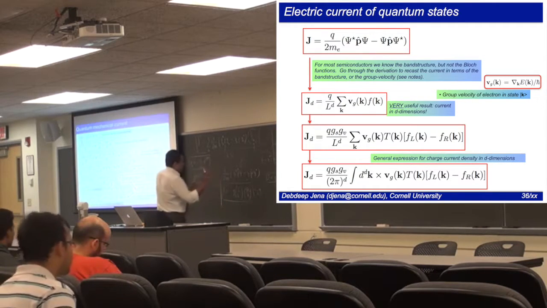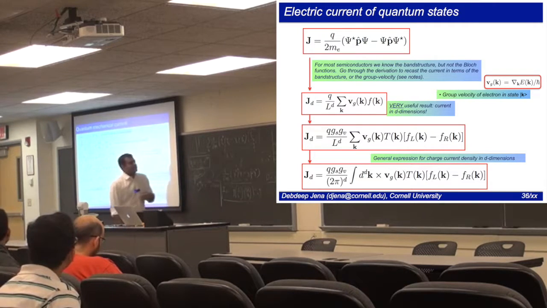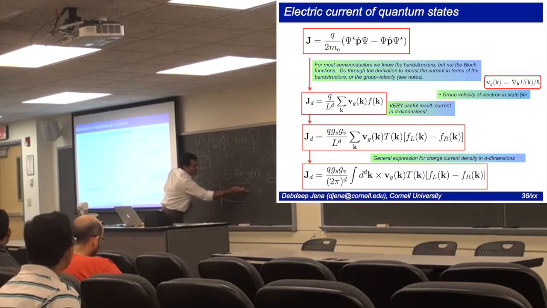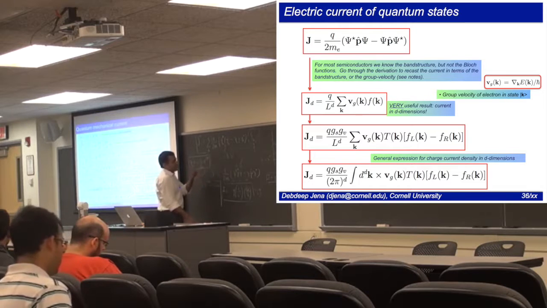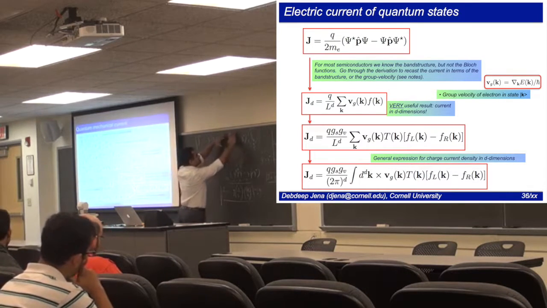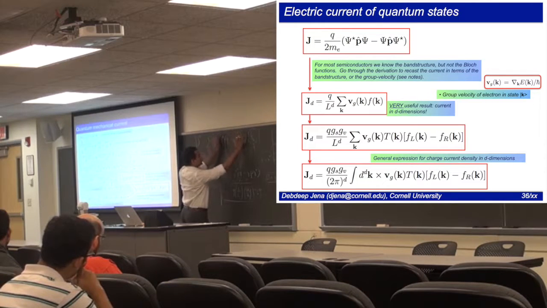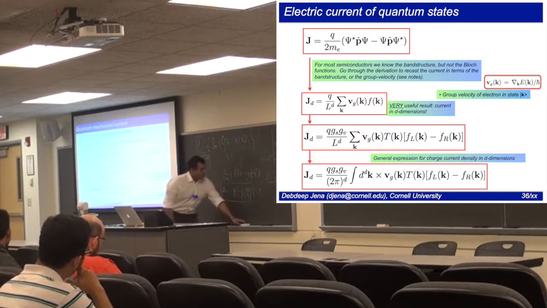But actually, before I do that, you can see that if I had a number of k states, and if each k state had a certain occupation function, just like here, this whole term here, the transport term, is going to decompose and give you effectively, let me just try to write what I'm saying now.